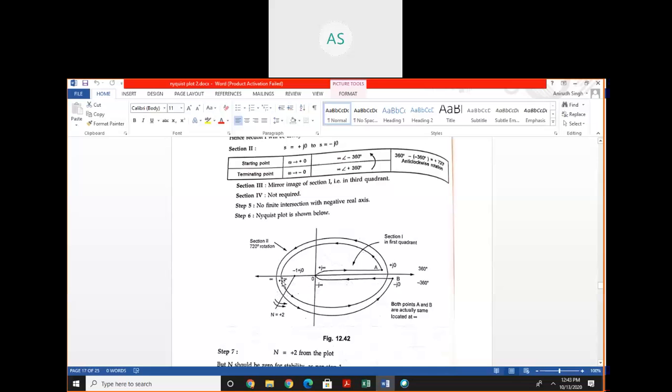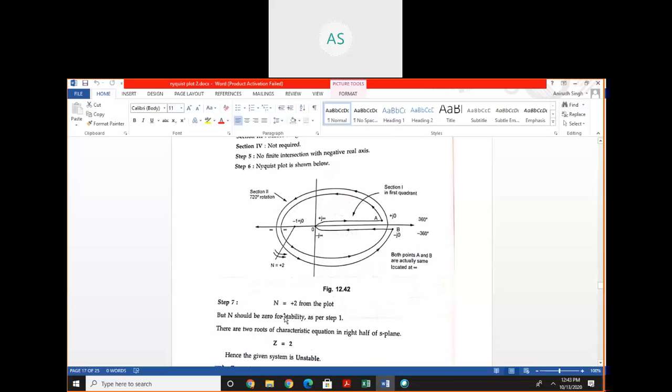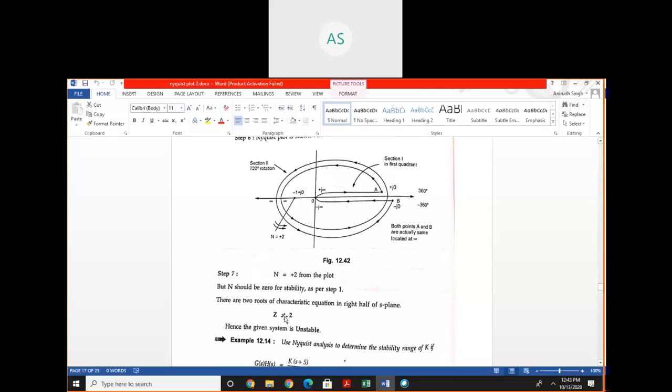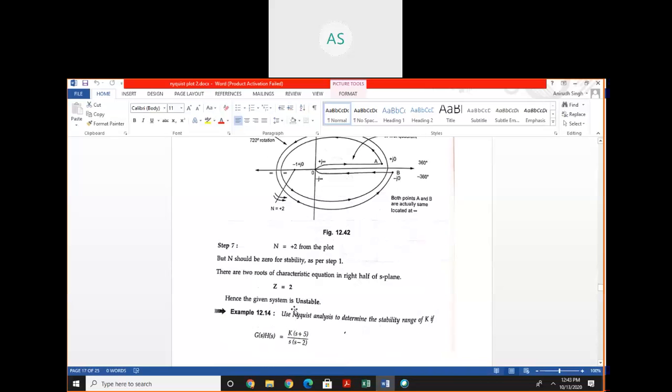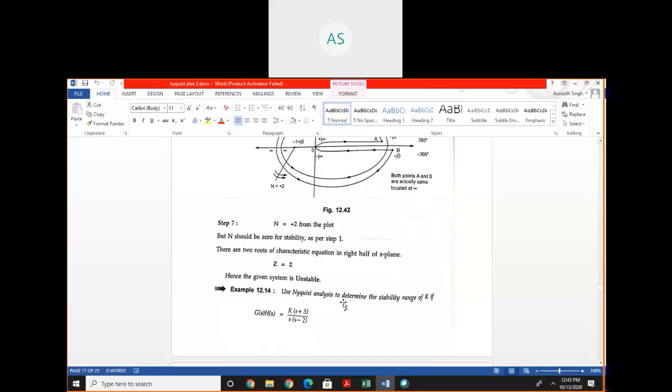So when omega is infinity, magnitude is 0, and in this Nyquist plot, this is the starting point and this is the ending point, and rotation is 720.